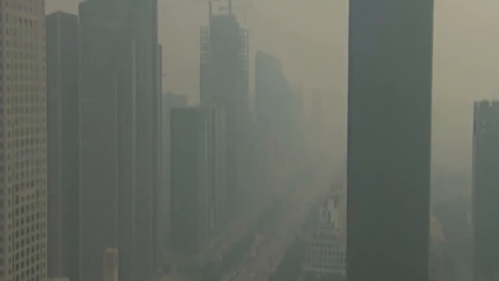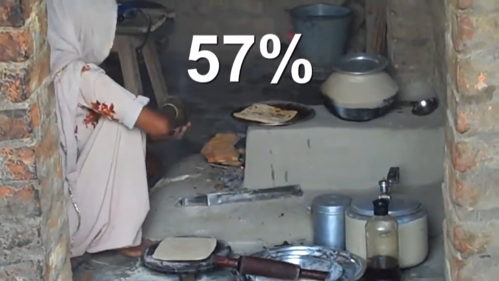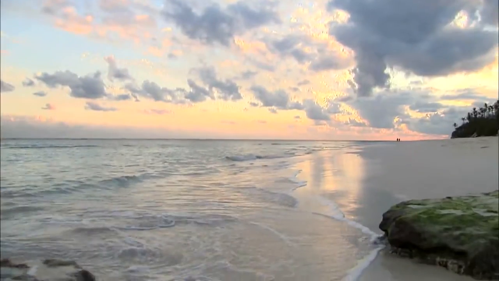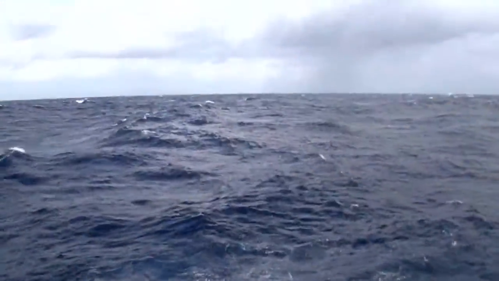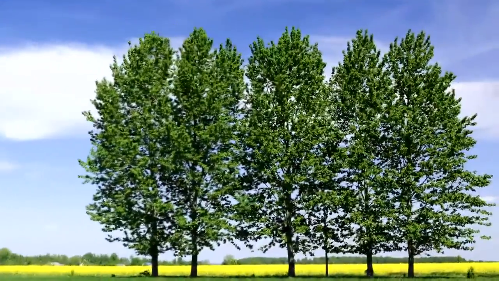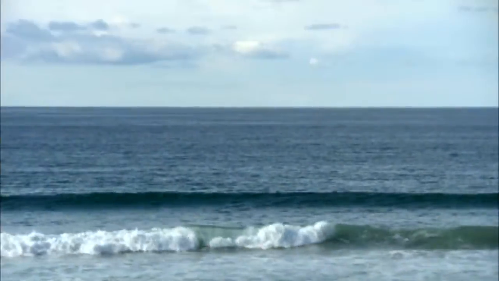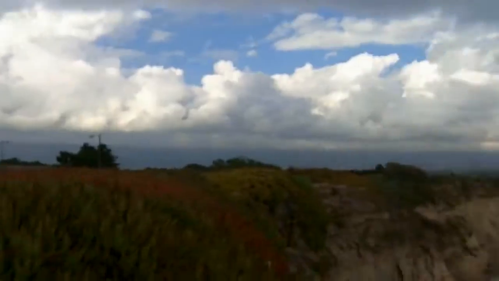Where does it all go? An estimated 57% of this cook-fire tailpipe smokestack carbon dioxide is cycled into the oceans, covering 70% of the Earth's surface. Plants eat up some, most of the rest goes into the air. In the oceans and the air, more CO2 is causing serious problems. In the oceans?